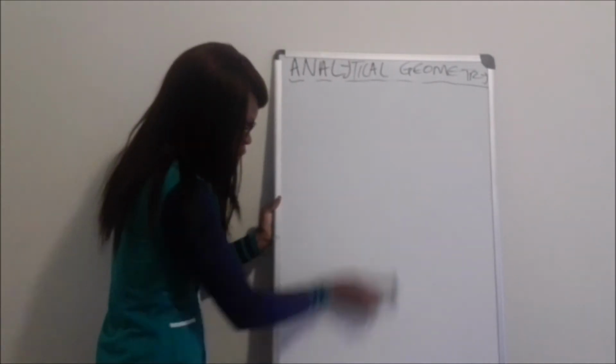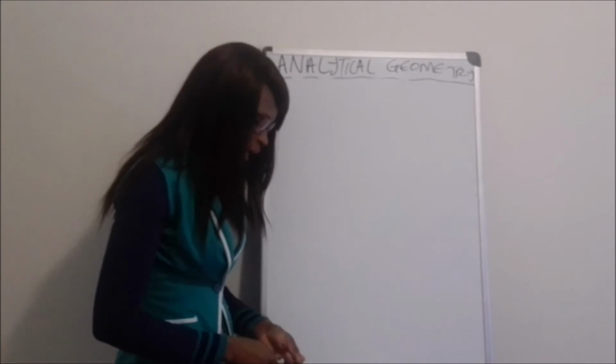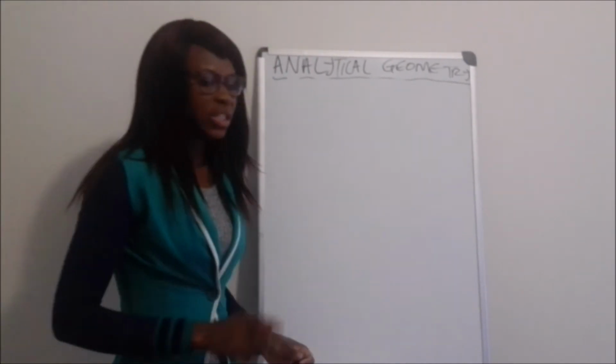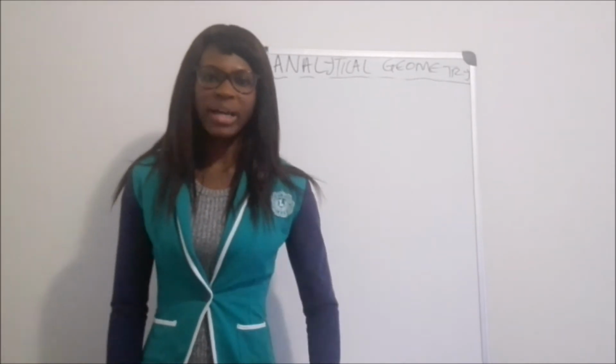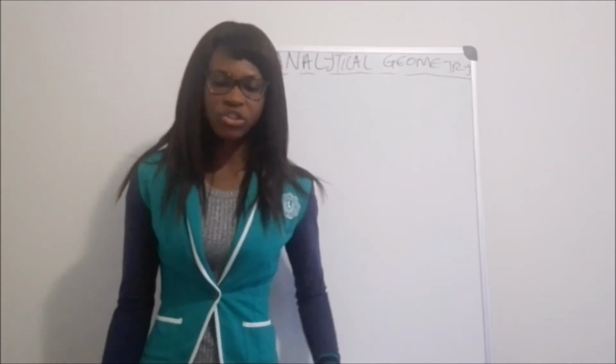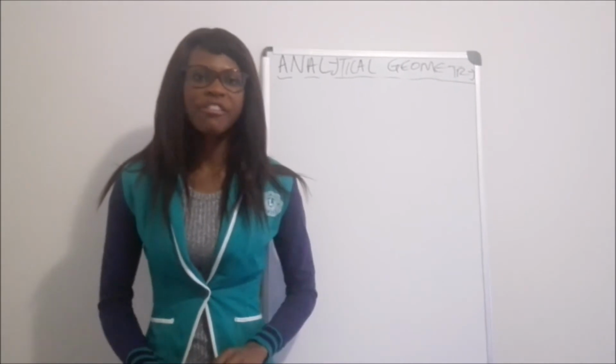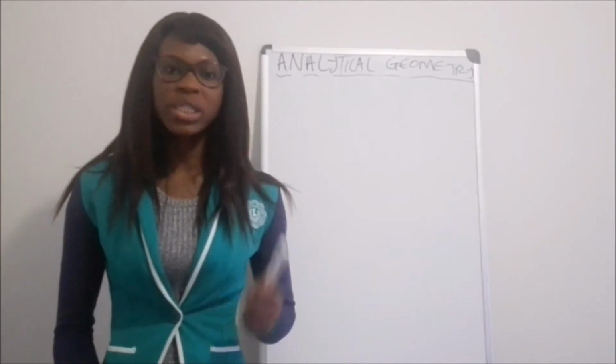All right, when you are dealing with an angle of inclination, guys, always remember that it's measured from the x-axis anti-clockwise to the straight line. For this one, suppose you have a gradient which is negative.